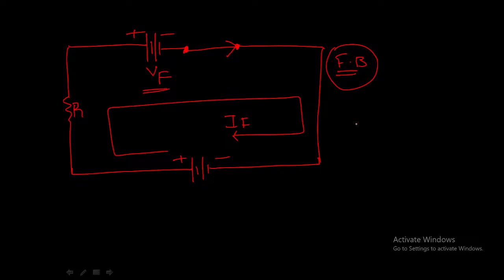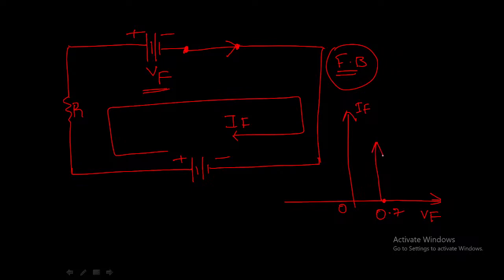The VI characteristics for this forward bias condition will be shown like this. On the x-axis is the forward voltage, starting from 0, and on the y-axis is the forward current IF. At 0.7 volts, we will get the current.